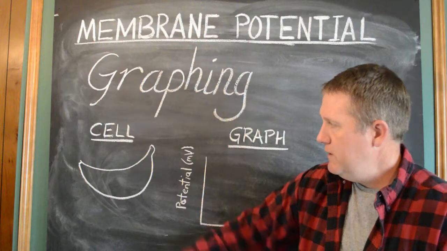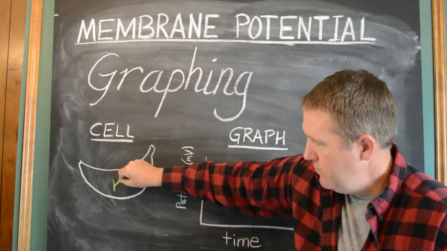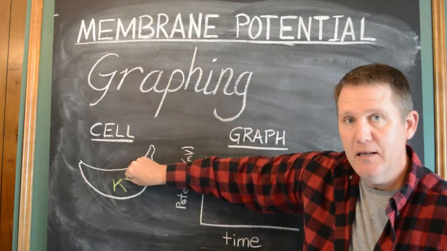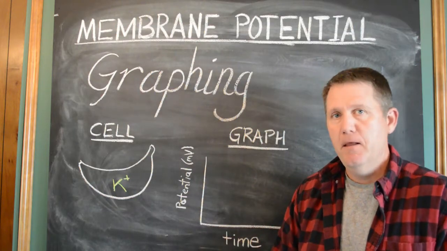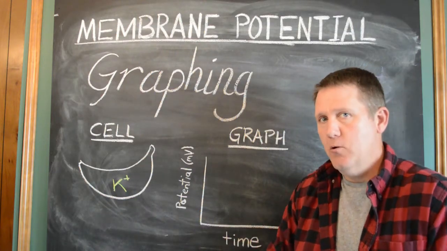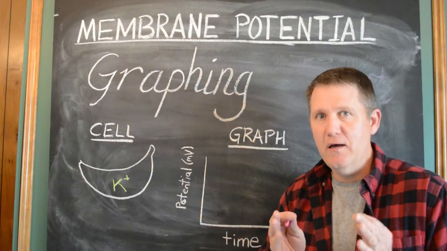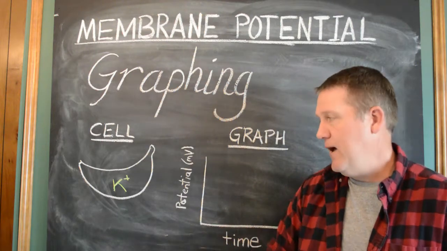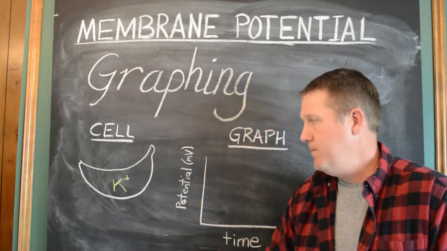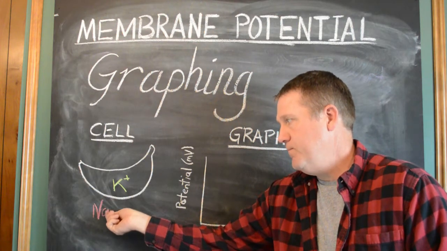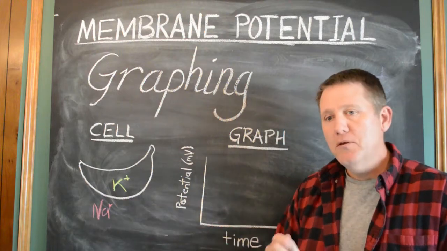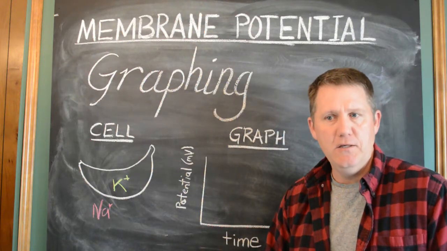So remember that the inside of the cell, notice I've drawn it like a banana here, is rich in potassium, just like bananas. Outside the cell, and we're only concerning ourselves really with the ions that could move in and out if we were to open up some channels. Outside the cell, of course, is sodium, but there's also a bunch of other stuff outside the cell too.